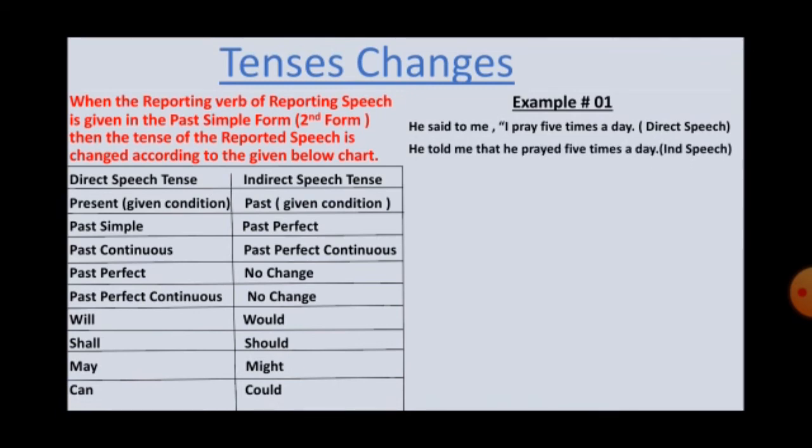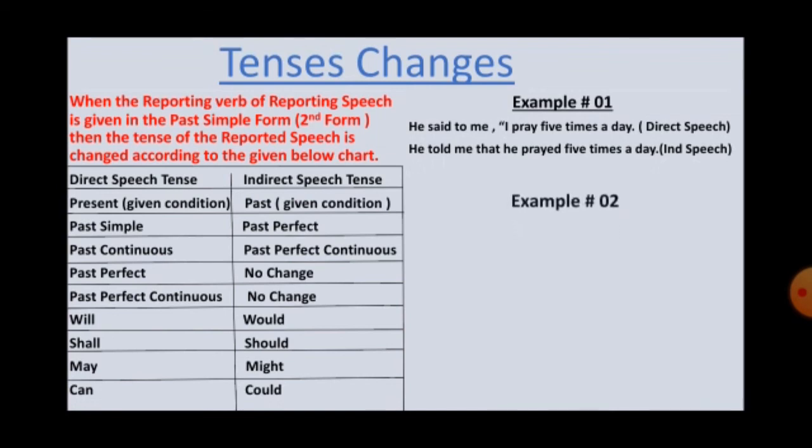"I pray 5 times a day" is present simple tense, and if we have "said" in the past form, then we change "said" into "told". He told me that. This is our change, and "I" is first person, I change it according to the subject to "he", and "pray" is present simple, and if we have a second form in the reporting speech, we change according to the given chart, and present simple changes into past simple. So he prayed 5 times a day.